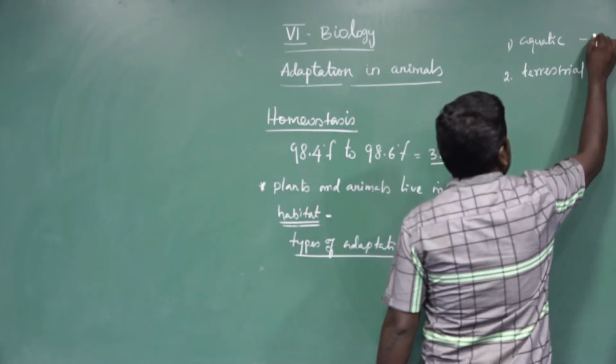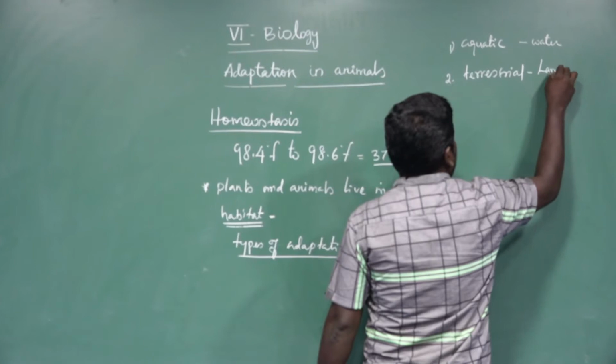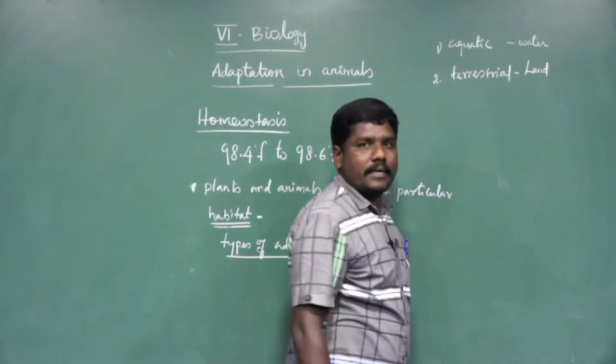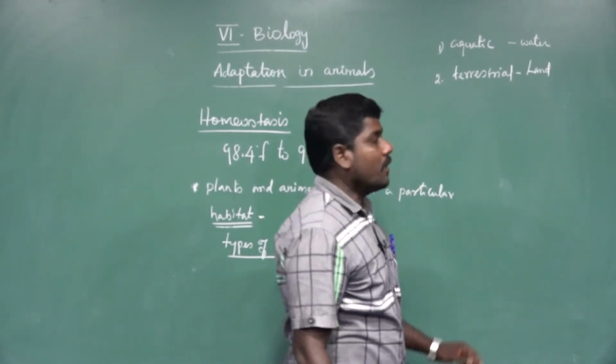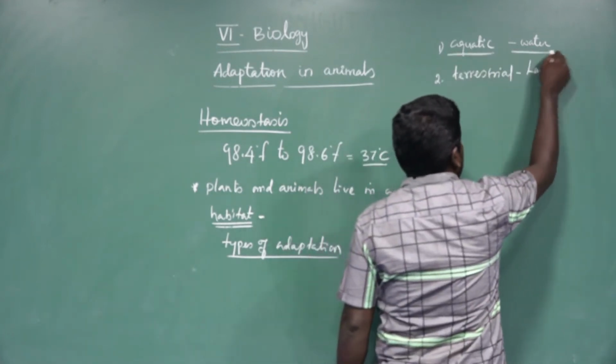Aquatic means water adaptation. Terrestrial means land adaptation, or earth. First of all, aquatic adaptations are already complete.